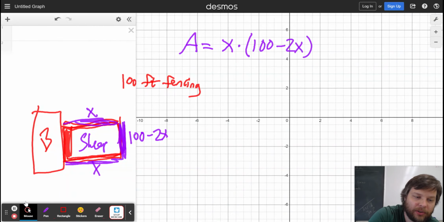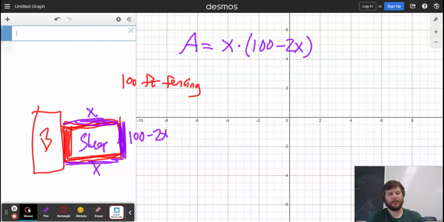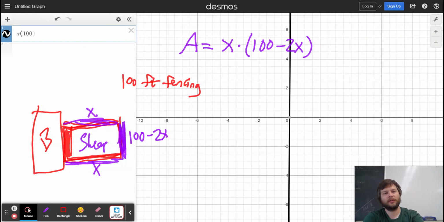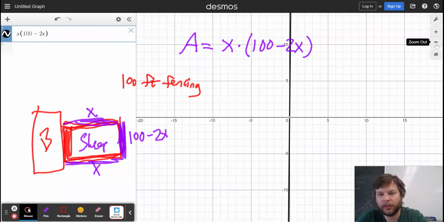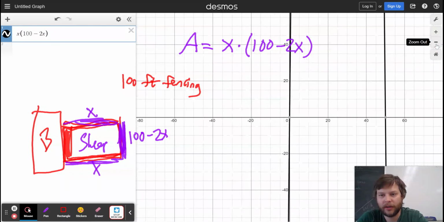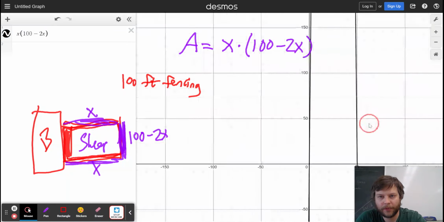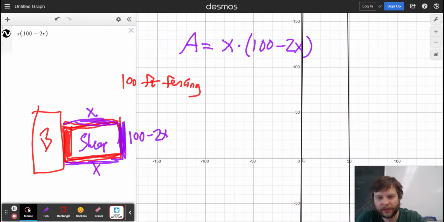If I type this equation in, x times 100 minus 2x, we get a nice beautiful parabola. Let's zoom out so we can see it a little better. I want to use this information to figure out how I can create the biggest possible pen for my sheep. I can see that somewhere in the middle there's a vertex.